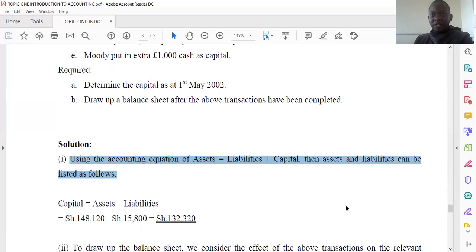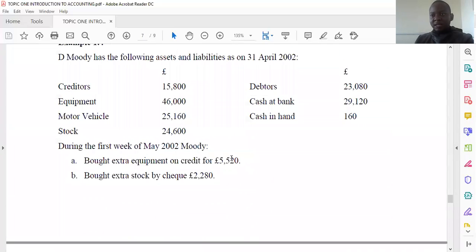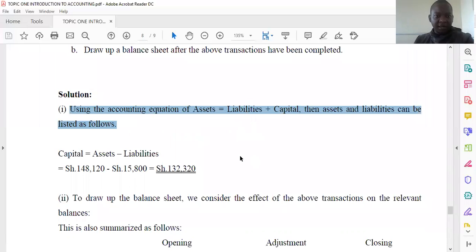If you have not been given capital, then capital is simply equal to assets minus liabilities. You've been given a list of assets and liabilities, so you take all the assets, deduct all the liabilities, and we get the capital. And that is what has been done here: 148,120 minus 15,800, which is equal to 132,320, which is the capital.